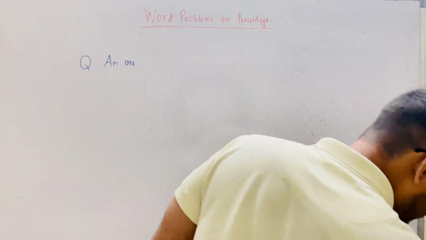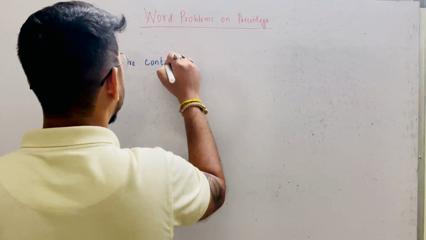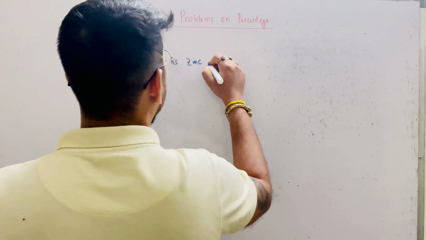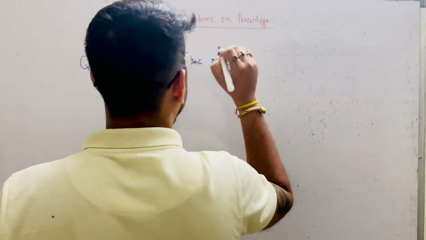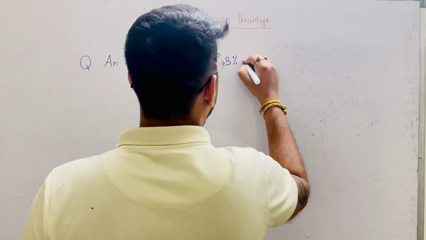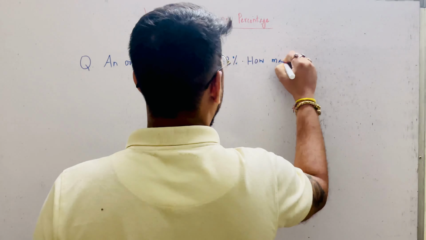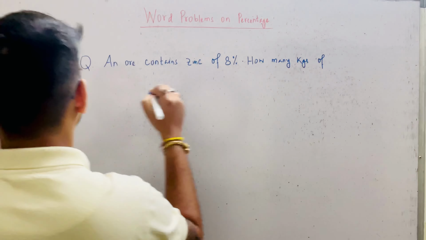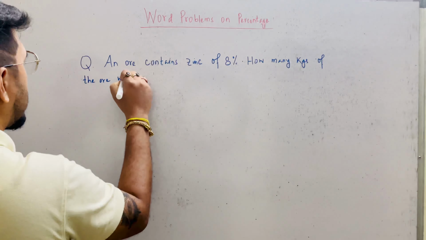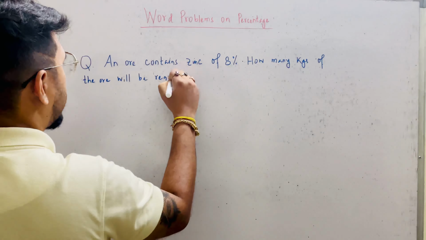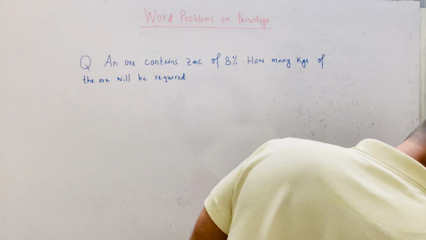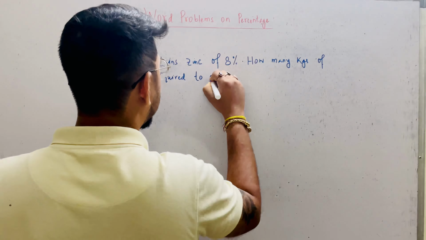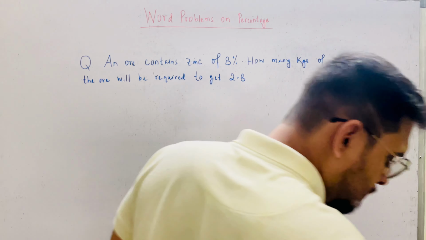An ore contains zinc of 8%. How many kgs of the ore will be required to get 2.8 kg of zinc?